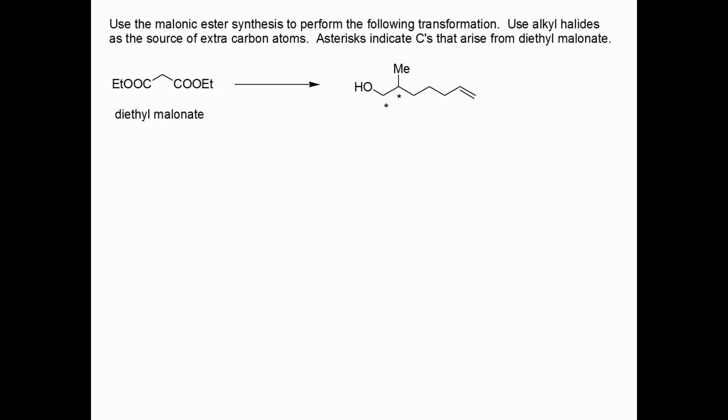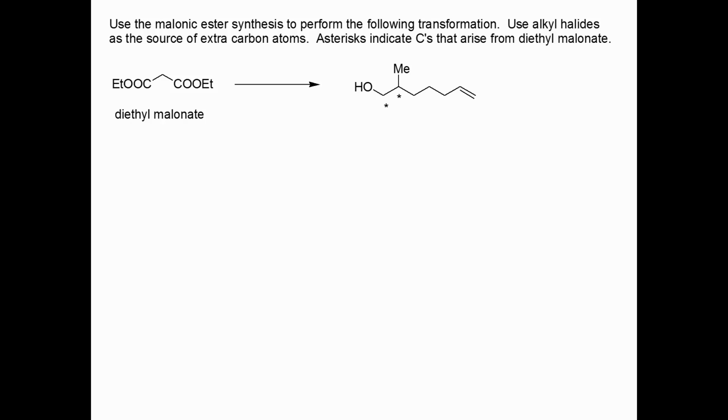So something has happened to the carboxylic acid product to get this. I've given you a hint here. Only the 2 asterisk carbons are actually going to come from diethyl malonate. Remember that in diethyl malonate, we blow one of them away as carbon dioxide.